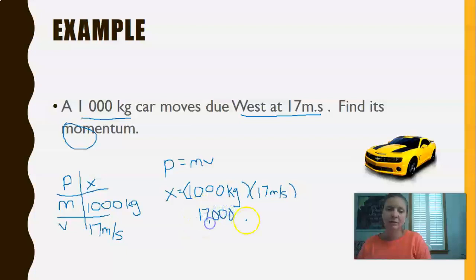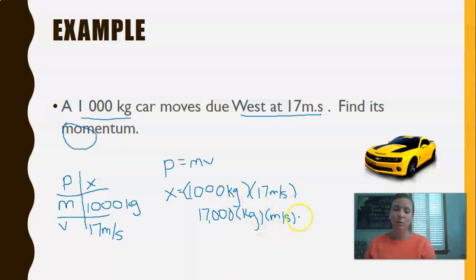And that is going to be measured, once again, in kilograms times meters per second. So that seems like a lot of information there, but that is how momentum is measured. So 17,000 kilogram meters per second. Once again, same as force almost. We're just multiplying that mass, and instead of acceleration, this time we're looking at the velocity because we're looking at that vector.